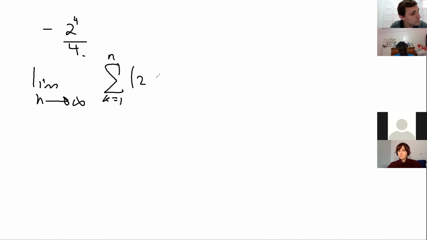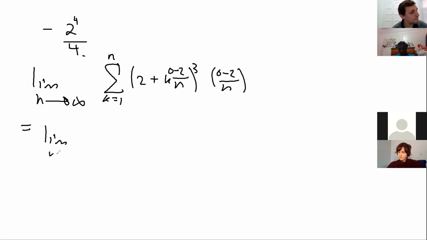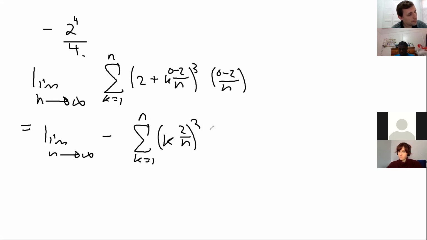So this limit is the same as this limit, which is much better.